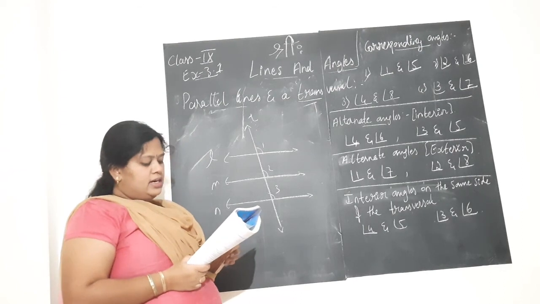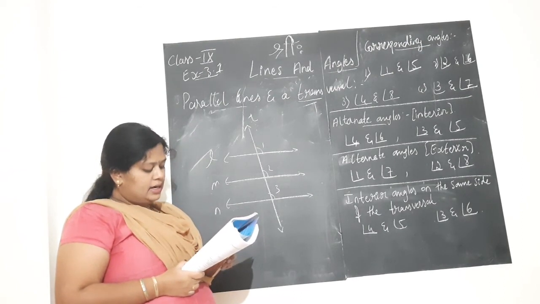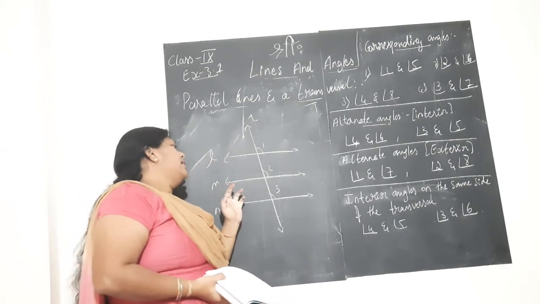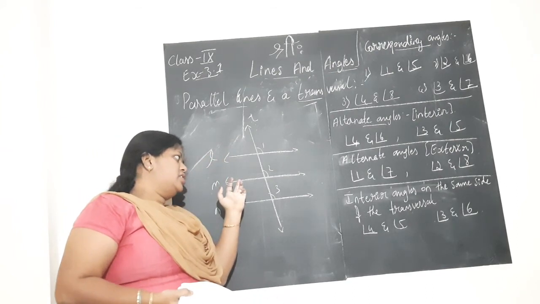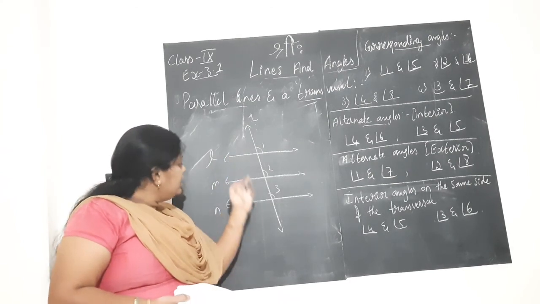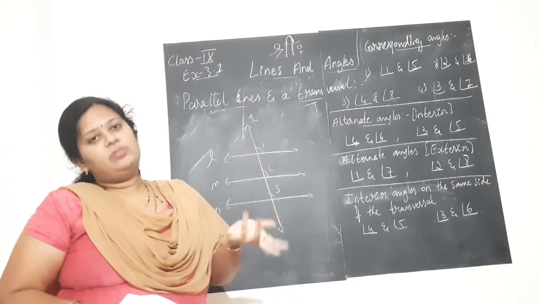Lines which are parallel to the same line are parallel to each other. If lines L and M are parallel to each other and lines M and N are parallel to each other, then lines L and N are parallel to each other.